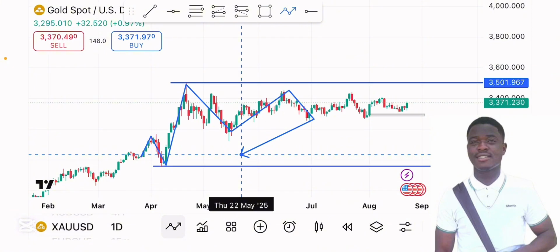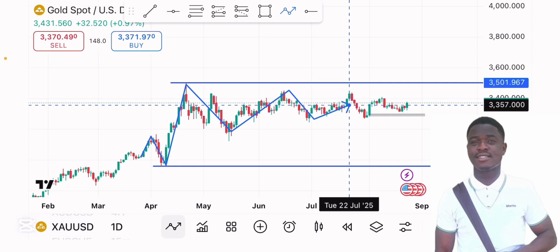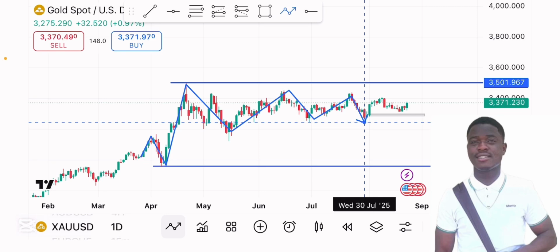Do you understand what I'm saying? The market is still consolidating in between. So if you've been trading gold for the past few days or months, I want to tell you today that you have been trading a consolidation trend.